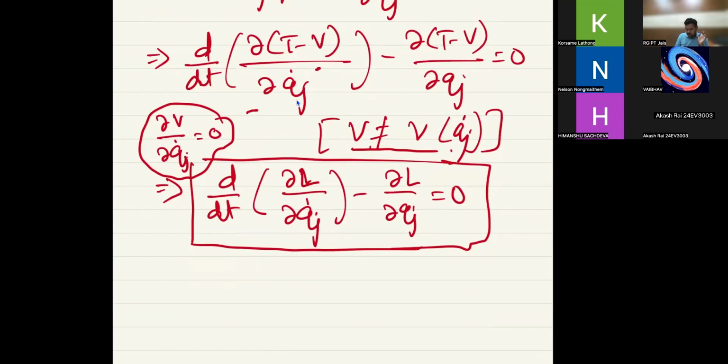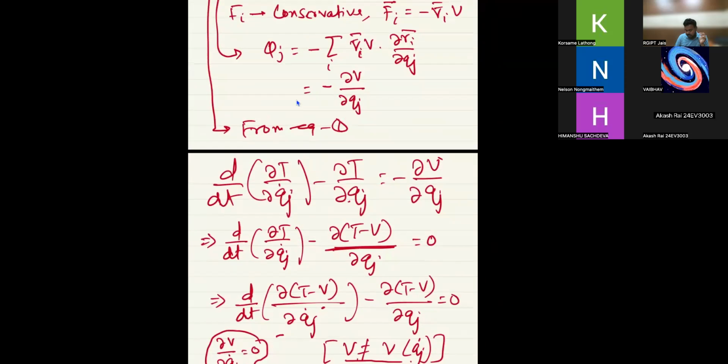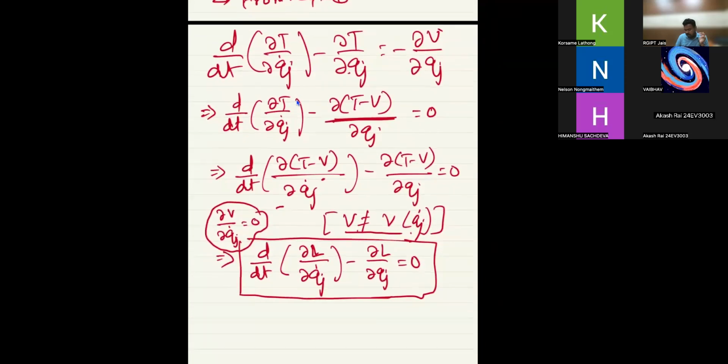That's why I didn't want to do any derivation here. If you don't want to, you don't need to remember this whole thing. But you should remember this little bit, from del t, d dt of del t del Qj dot up to here, this small derivation. The large section of the derivation I have not done here. That is in my notes. If you want, you should check.